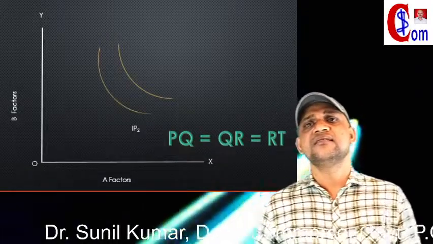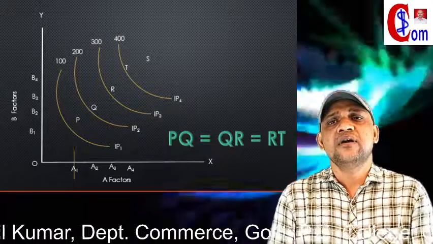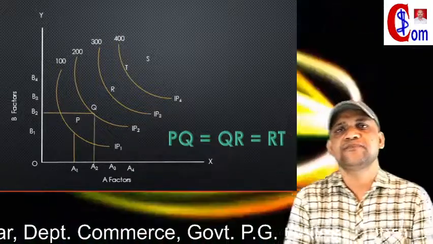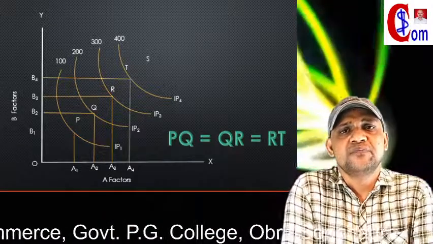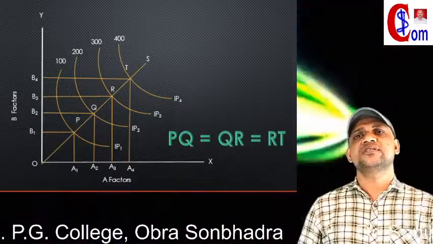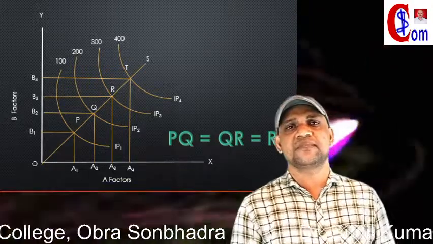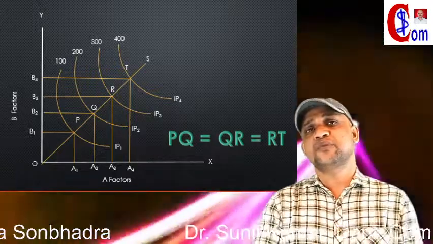This is because the proportionate increase in the quantity of factors of production and the proportionate increase in the quantity of production are equal.